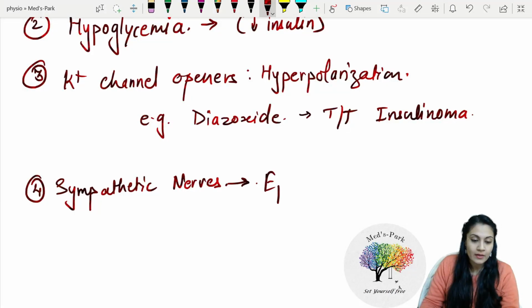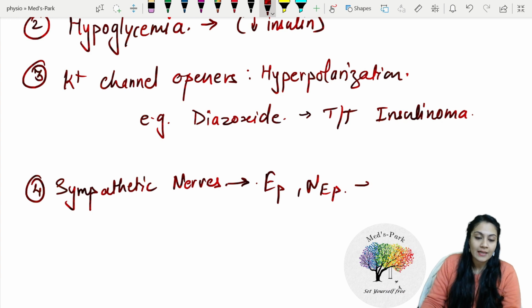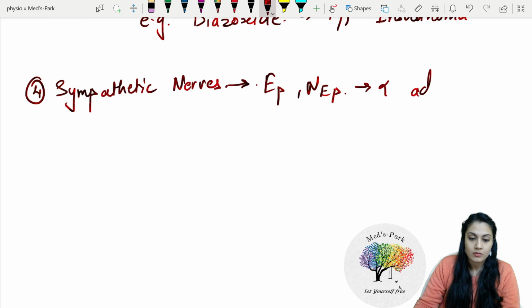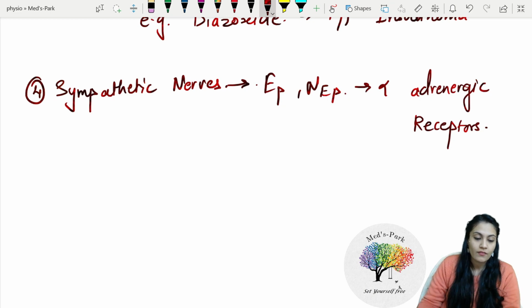So epinephrine and norepinephrine, like catecholamines, act via the alpha adrenergic receptors, and they decrease the insulin release.